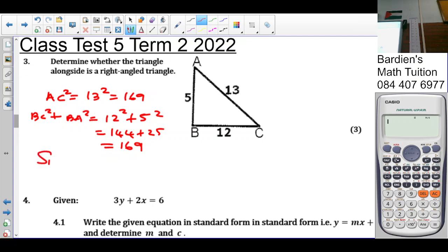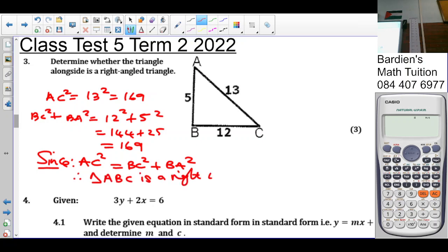So we say, since AC squared equals BC squared plus BA squared, since the theorem of Pythagoras is working in this triangle, therefore triangle ABC is a right angled triangle. Why?